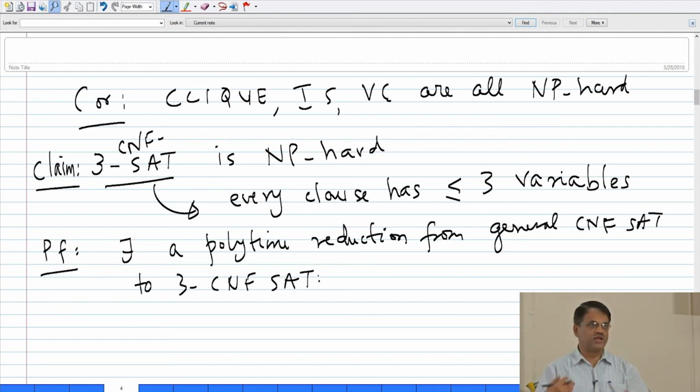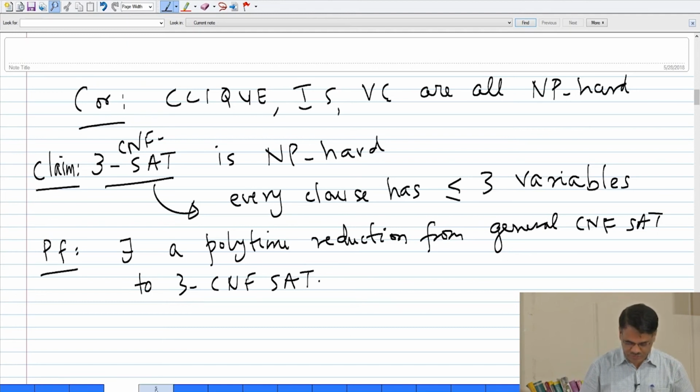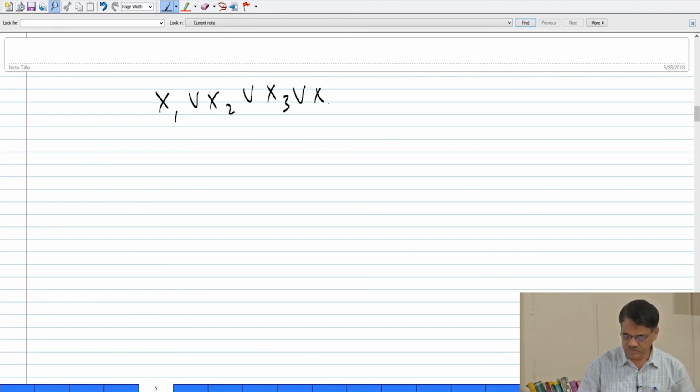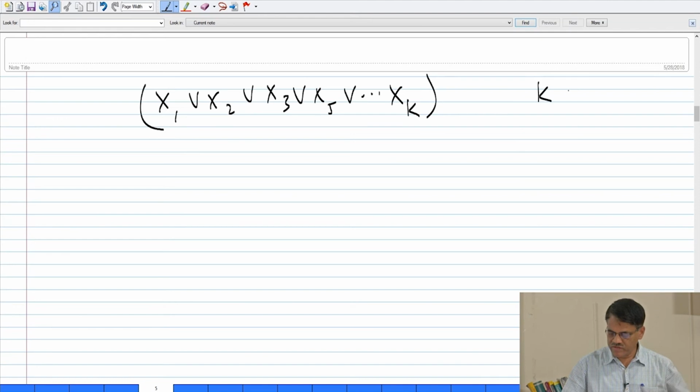The reduction function should transform it into another formula which has at most 3 variables, but it has to do it in an equivalent way, that yes should go to yes, no should go to no. So let's say I have a clause with some k greater than 3.